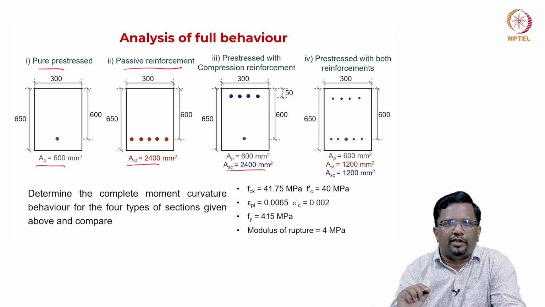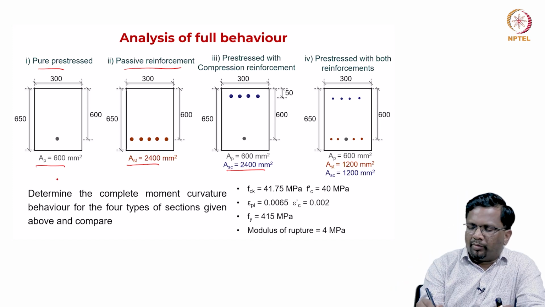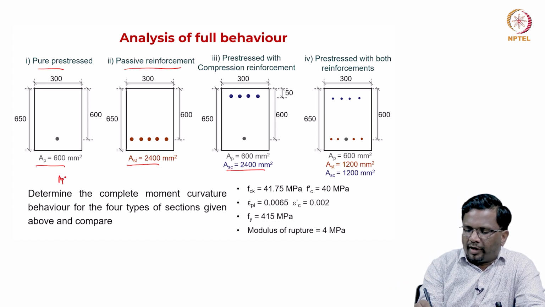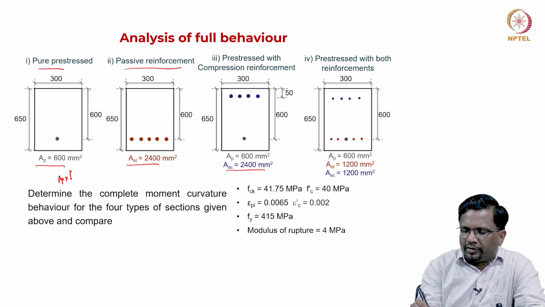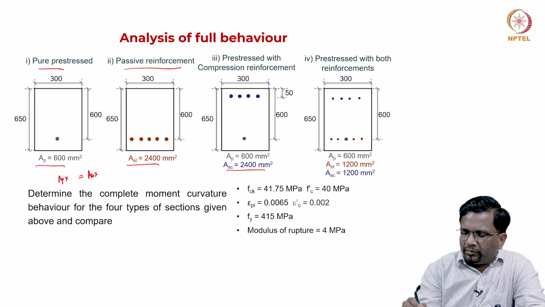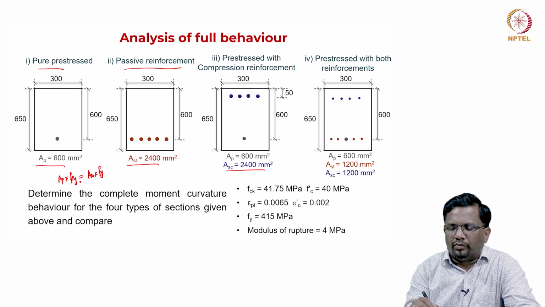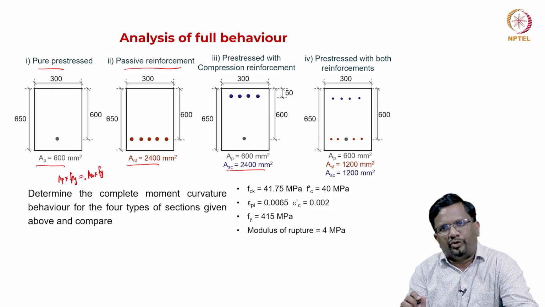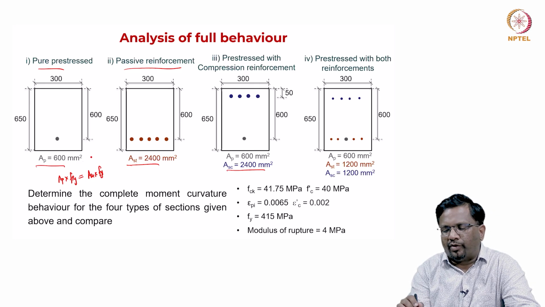Just like we have done in the axial behavior, AP times FPY should be equal to AST times Fy, okay. So, the tension force at yielding is going to be the same for the equivalent section.